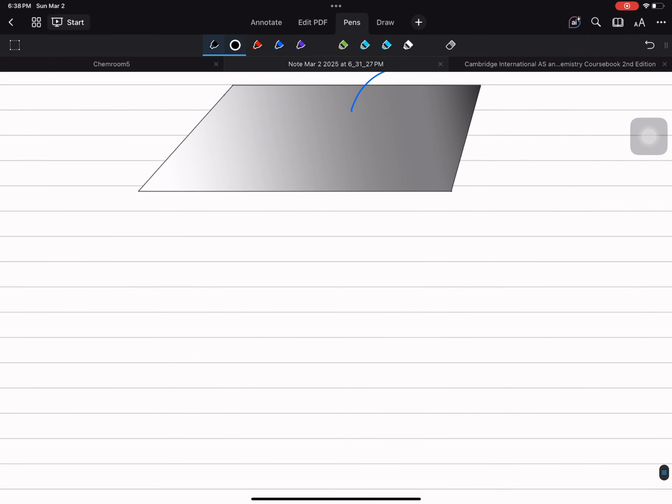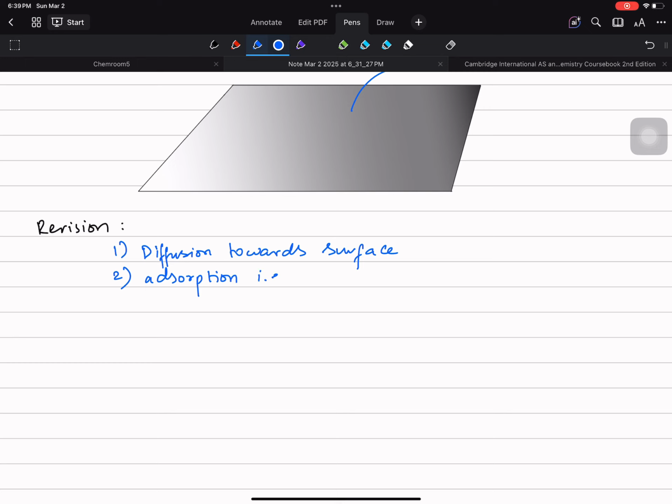Let's recall all these stages so that we have a clear understanding of what happened and why it happened. Number 1, diffusion happens towards the solid surface, towards the surface of the catalyst. Stage 2, adsorption happens. What was adsorption? Adsorption was basically making weak bonds with surface particles.